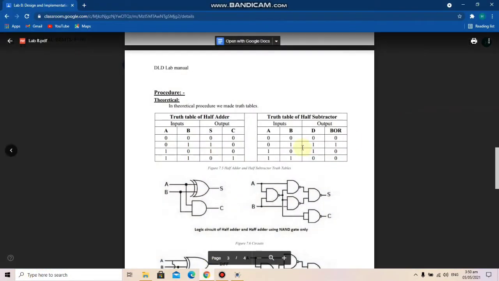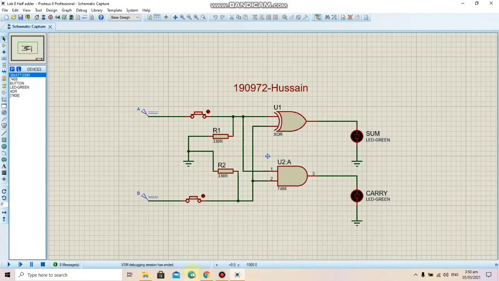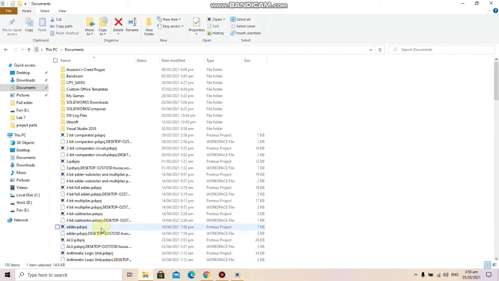Now let me show you the NAND gate implementation of this.